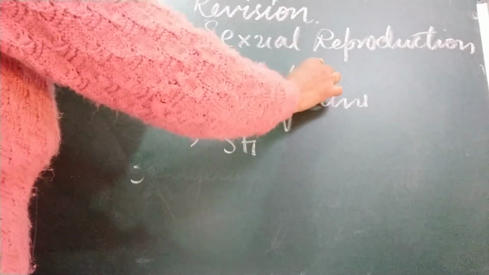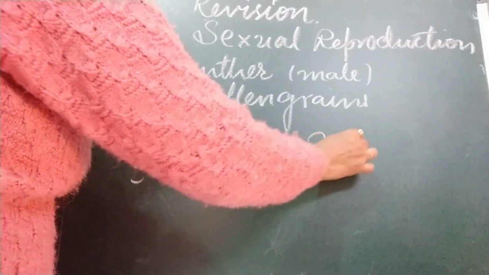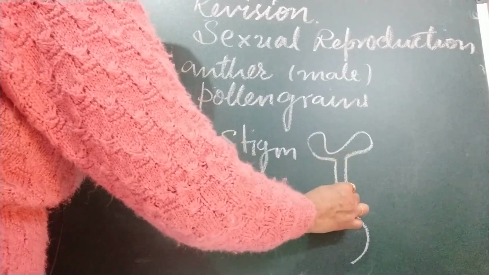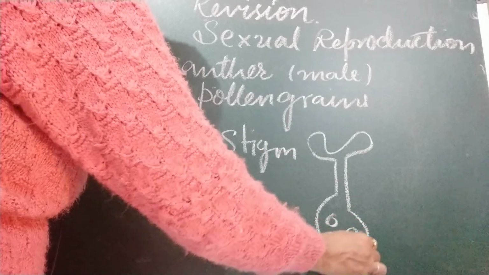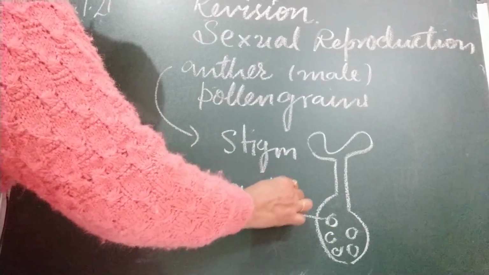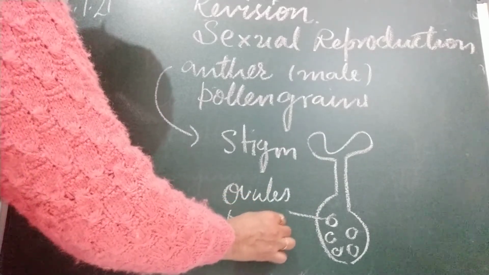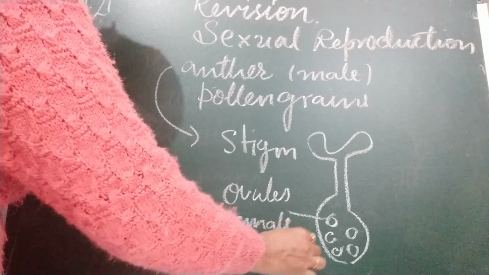This is the male part, and the female part is stigma, style and ovary. The ovary contains ovule, and the ovule contains the female gamete. How does the pollen grain reach this female gamete?